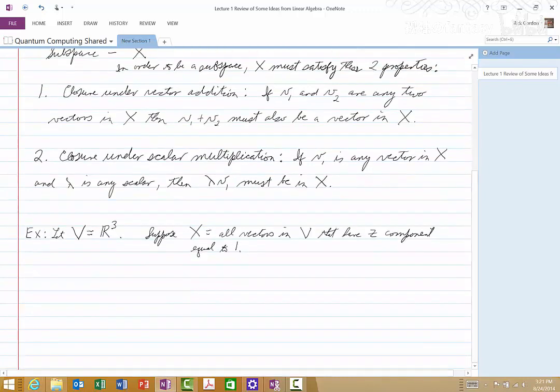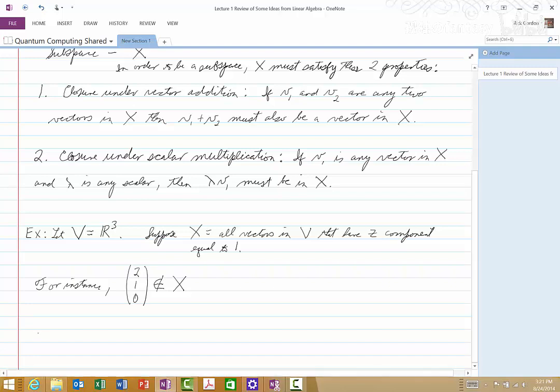Okay? So, for instance, (2, 1, 0), that vector is not in X.